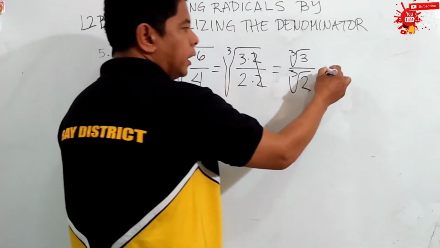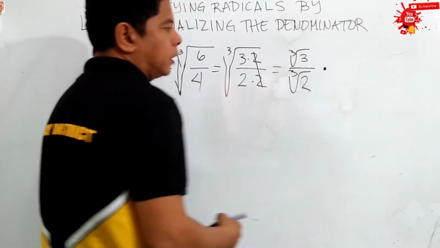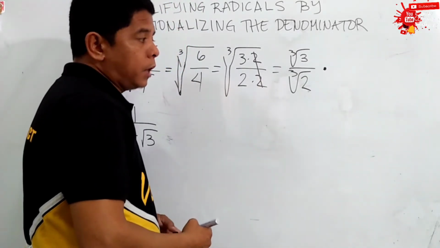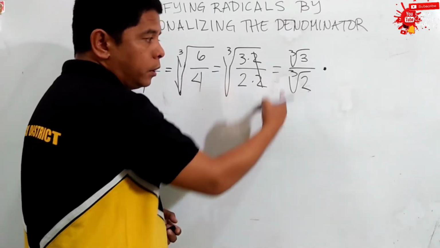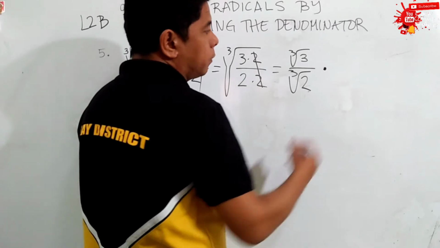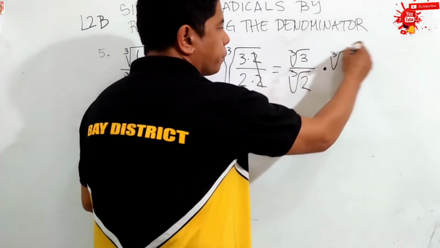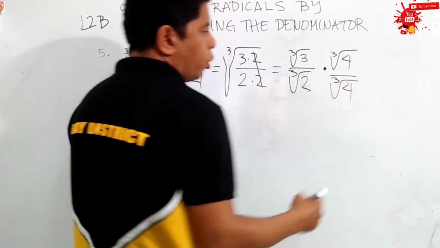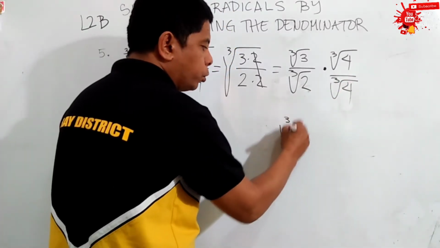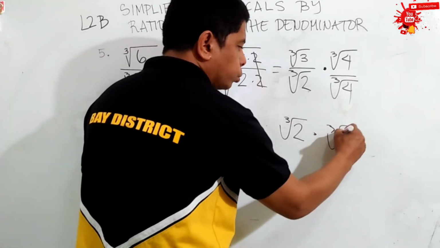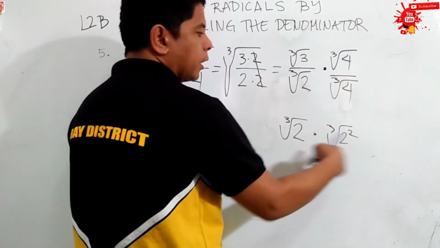So, napakadali lang yan para ma-rationalize natin. Meron tayong isang 2. Ilang 2 ang i-multiply natin? Dahil yan ay 2, para maging perfect cube, ay multiply natin by cube root of 4 over cube root of 4. Or pwede rin yan as cube root of 2 times cube root of 2 squared. Okay? Parehas lang din yan.